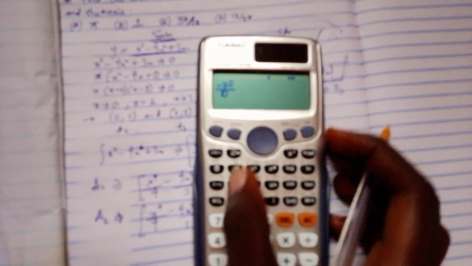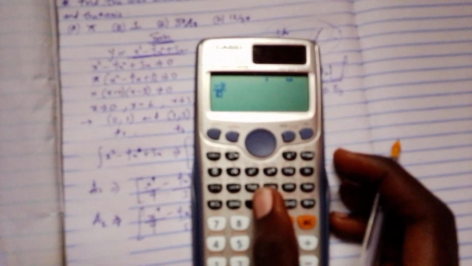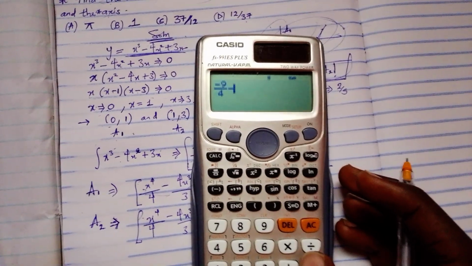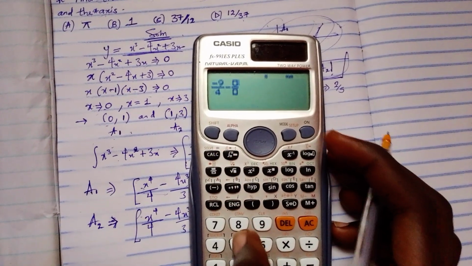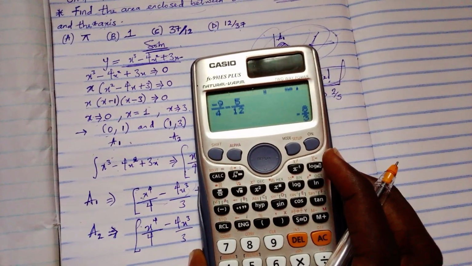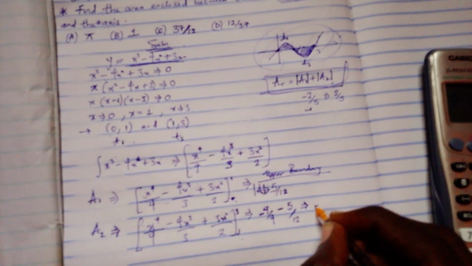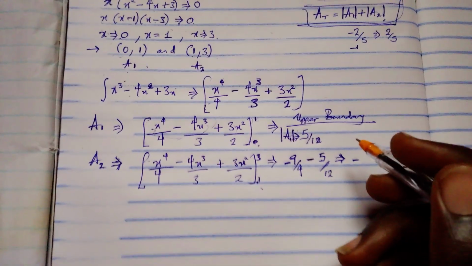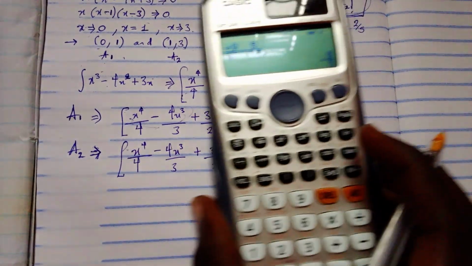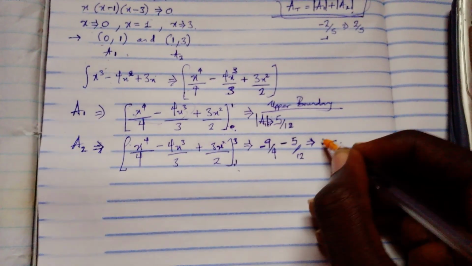That's simply minus 8/3. Because if you see it here, it is minus 8/3. So the next thing we have to do here is to take the absolute value.